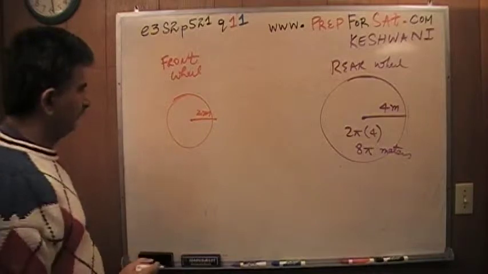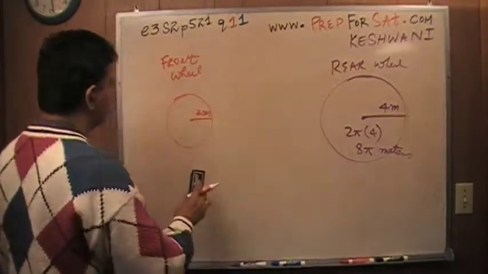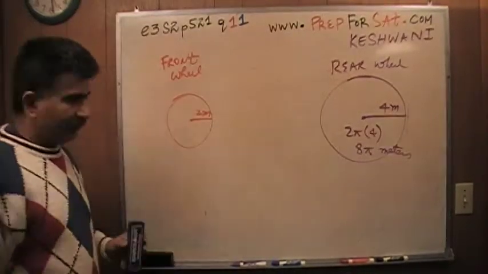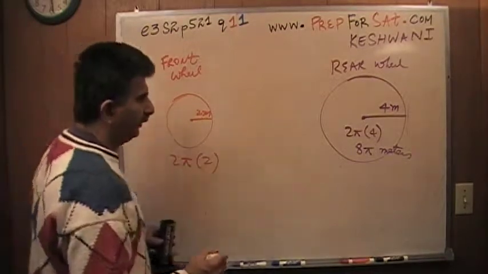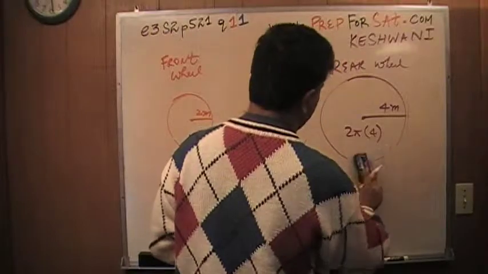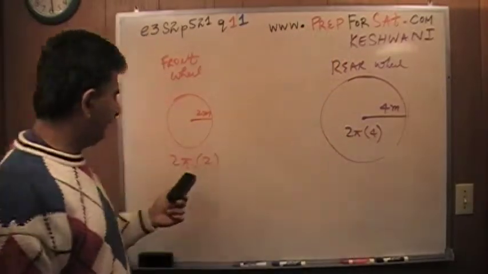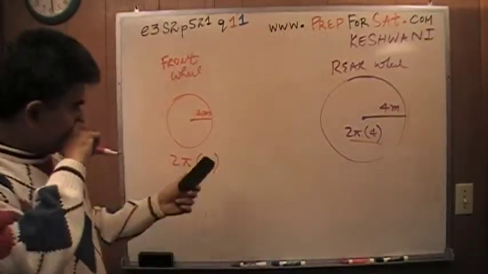Has 2 meters. The circumference of this guy would be 2 pi r. And here is your 2 pi r. No need to write all of this. As you can see, if you compare the two, you can see right away the circumference of this thing is twice as much as the circumference of this one.